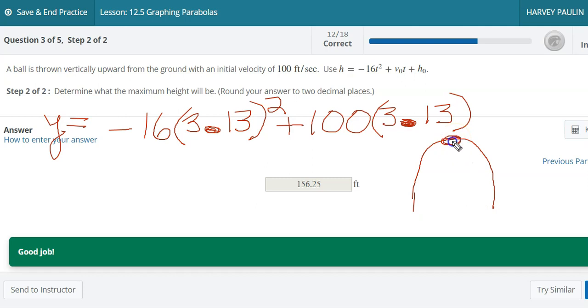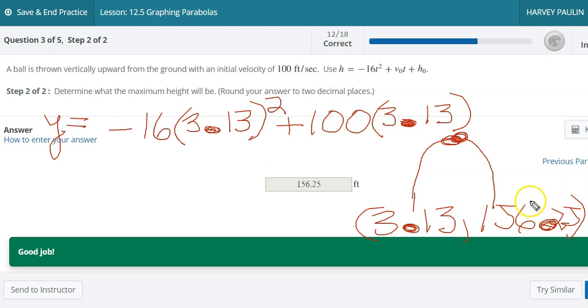So this point up over here has the value of, our x value is 3.13, comma, and then 156.25. Again, I'll have to work that out.